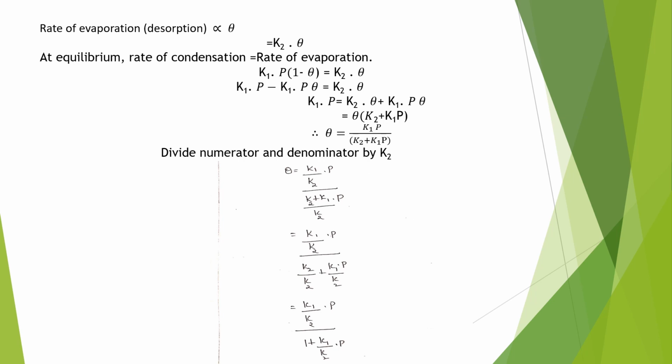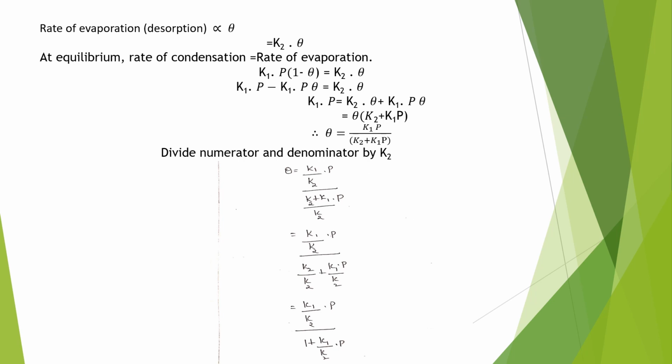Opening up the brackets, we get K1P minus K1P theta is equal to K2 into theta. Bringing minus K1 into P theta to the right side, we get K1P is equal to K2 into theta plus K1 into P theta. It is equal to theta into (K2 plus K1P). Theta is taken common out.